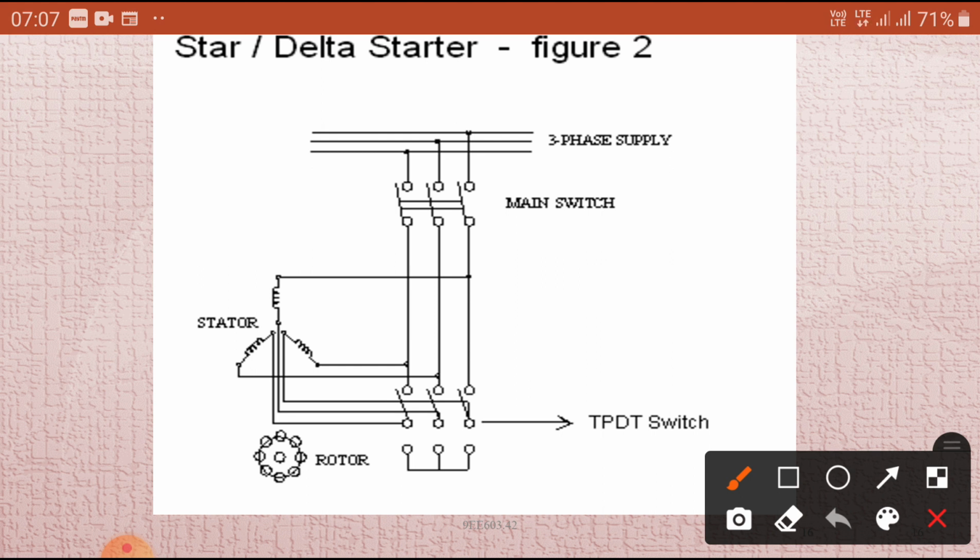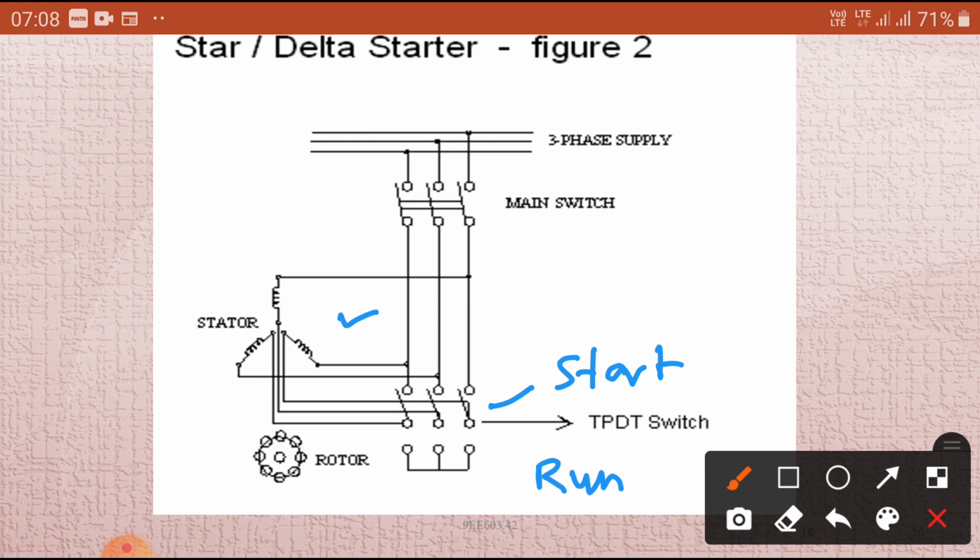At the instant of starting, the two-way switch, you can see this is a two-way switch, a TPDT switch, triple pole double throw switch, is thrown to start. Here this is the start and this is the run. Thrown to the start position, it connects the stator winding in star connection initially.